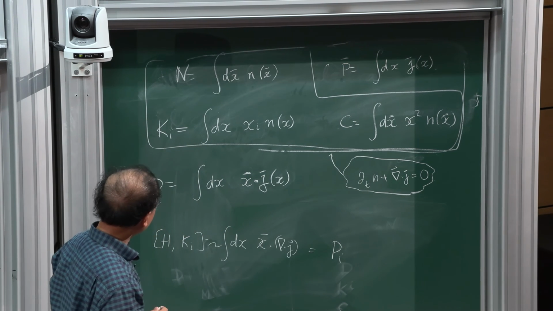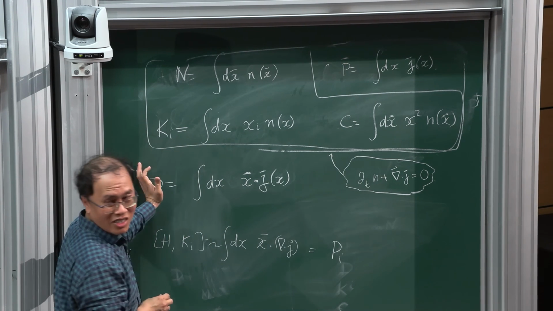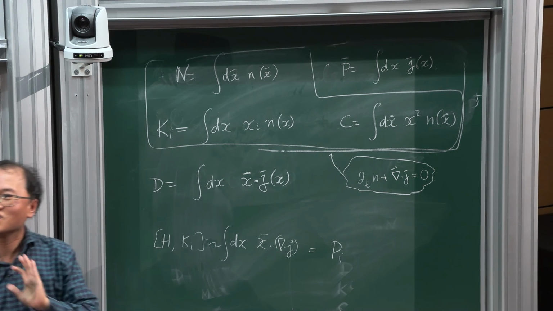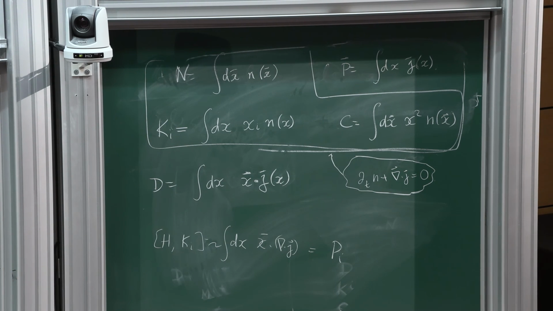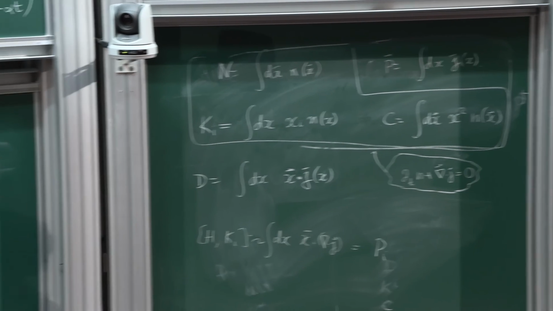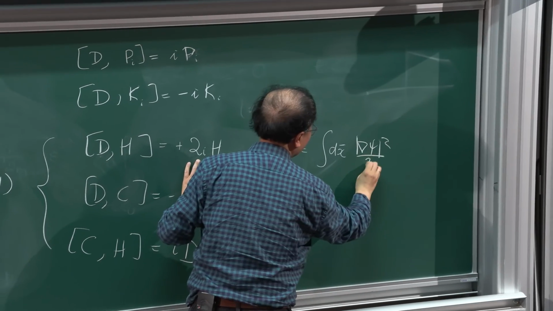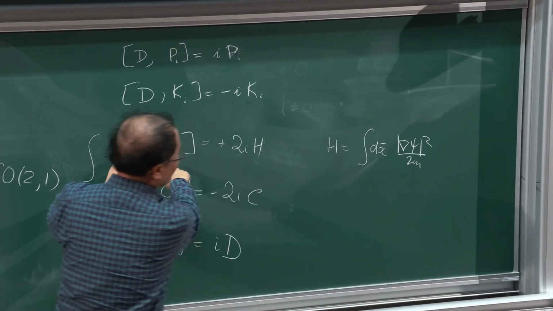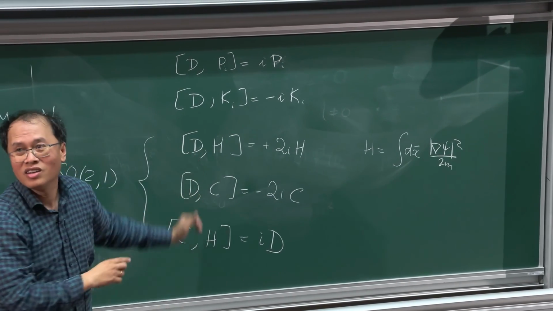The most non-trivial part is how the Hamiltonian commutes with the dilatation. And that, of course, is the thing that distinguishes a theory that is scale invariant from a theory that is not scale invariant. In a free theory, where the theory is scale invariant, the commutator of H and D would be equal to H, and that can be obtained by writing H equal to the integral dx of grad psi squared over 2m, and then we can check this.